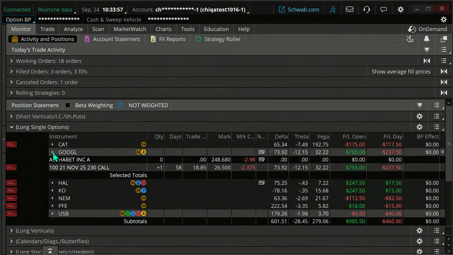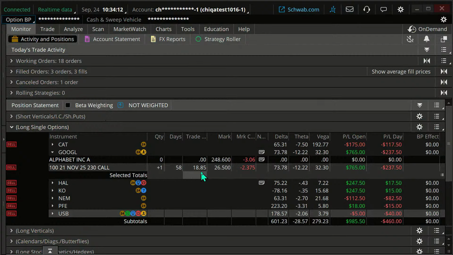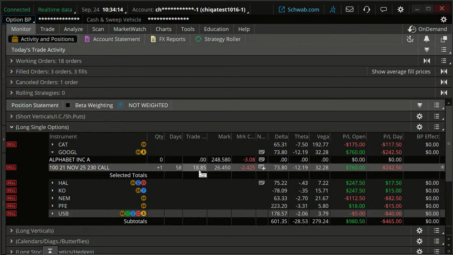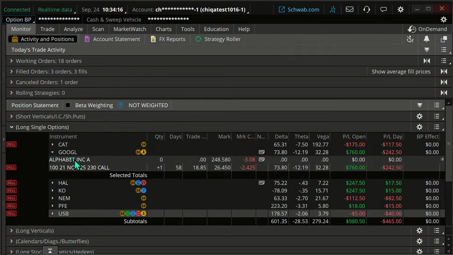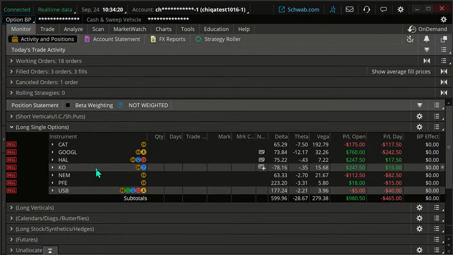If it pulls back, I want to capture it. The stop doesn't guarantee we're going to get out at 1850, but if it did, the loss would be much smaller at that point, because we bought it for 1880. So there's Alphabet. Let's move on down the list.